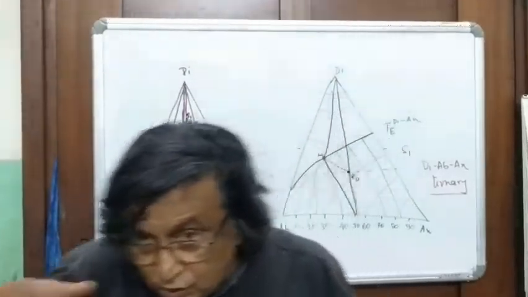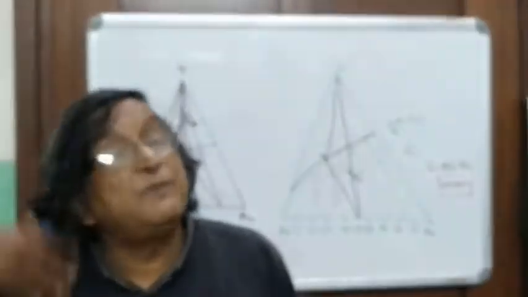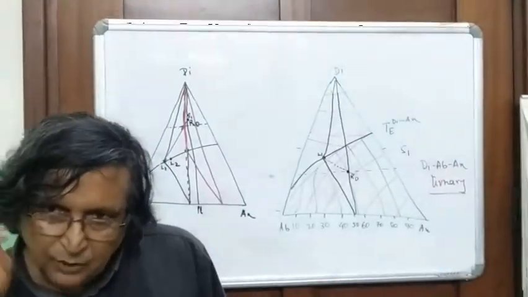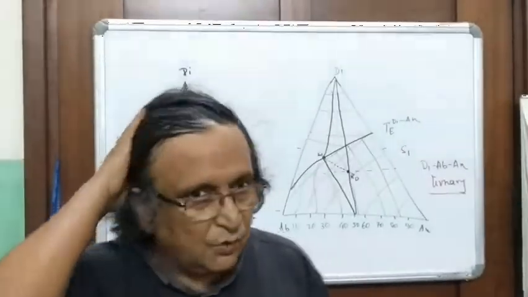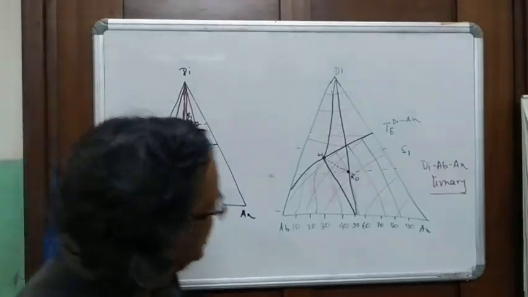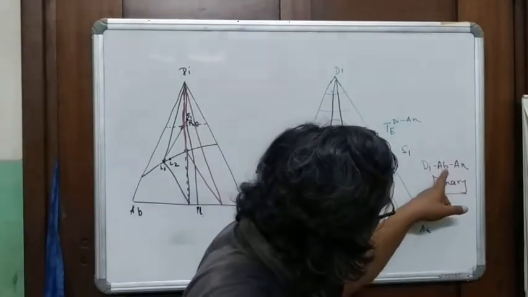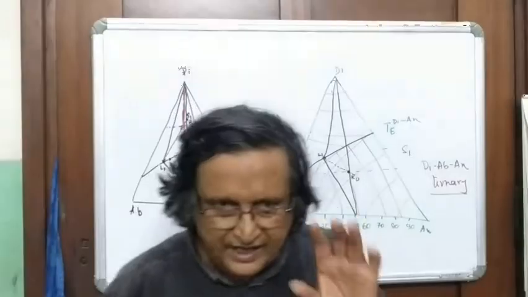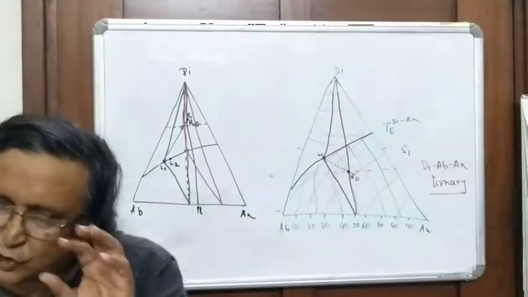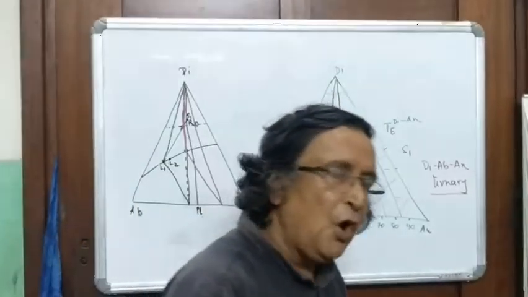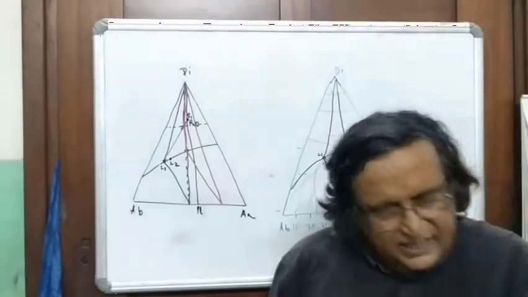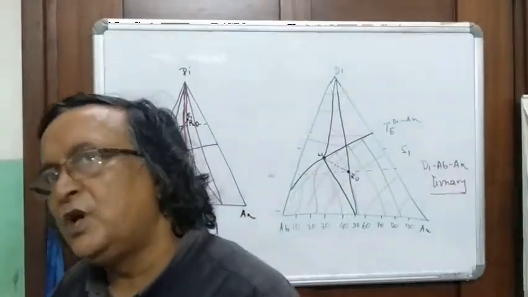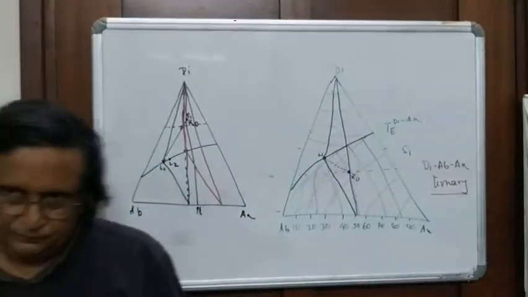And when you do those types of calculations, it becomes much easier for you to see how things are working. So when you do this diopside, albite, anorthite ternary, you will get a diagram which shows you the isotherm. Also, you will get a diagram which shows you the isopleths.